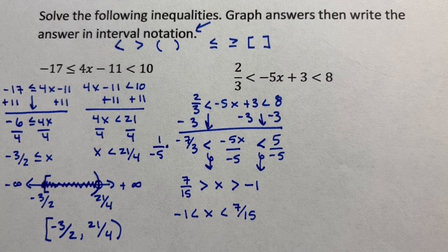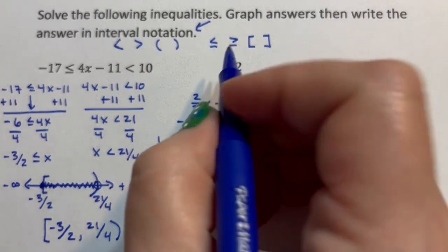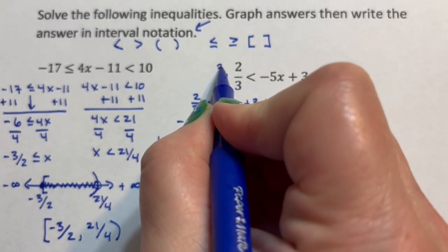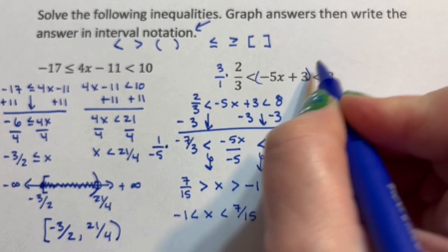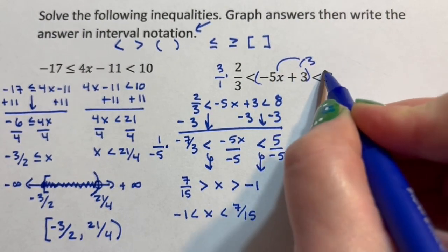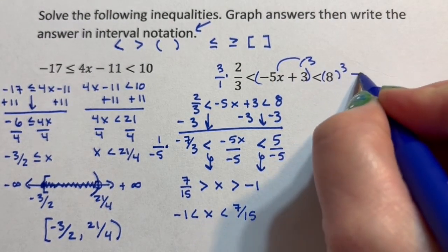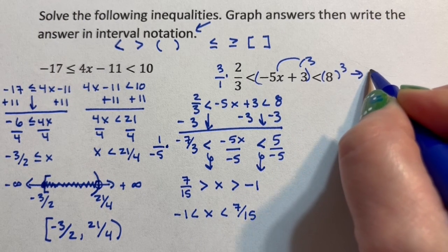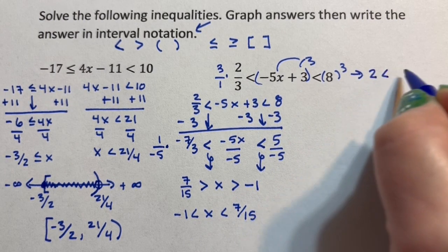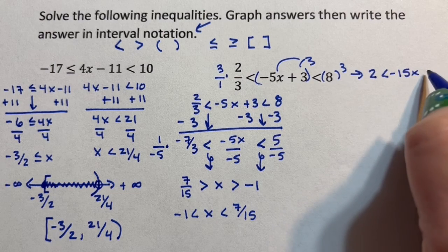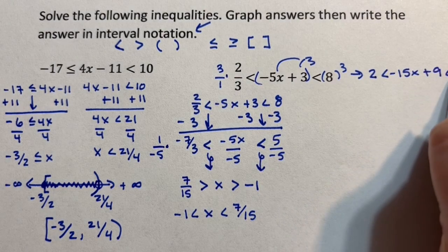The other way, if you're going to do it kind of in this big bang kind of way, I would suggest multiplying everything by 3. So multiply this first term by 3, the middle term by 3, and the last term by 3. You will end up with 2 is less than -15x plus 9 is less than 24.